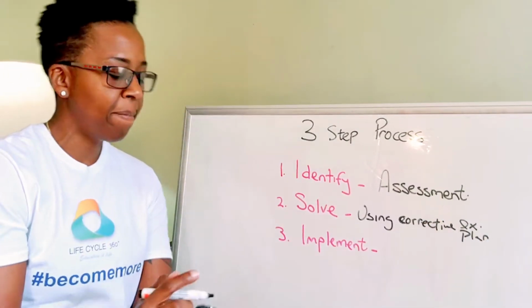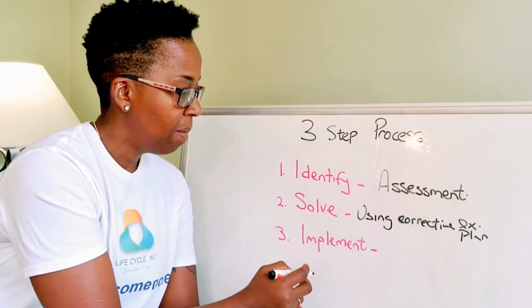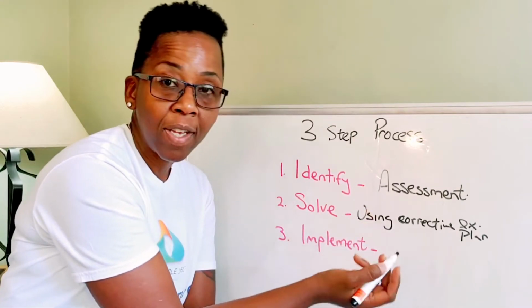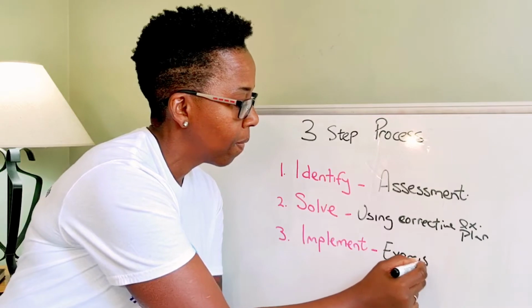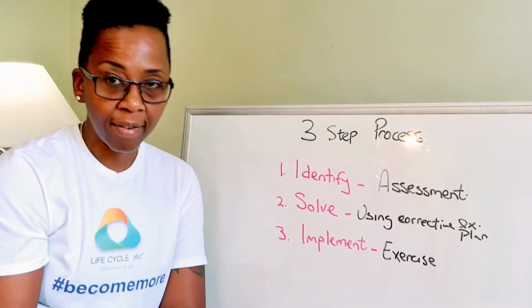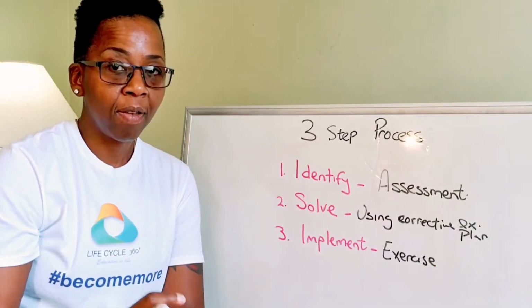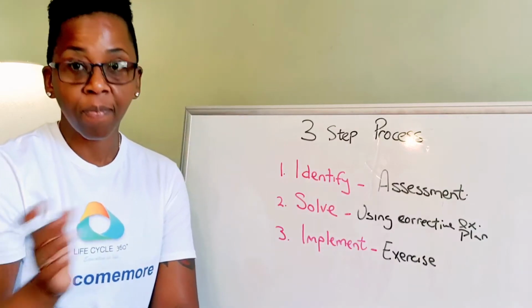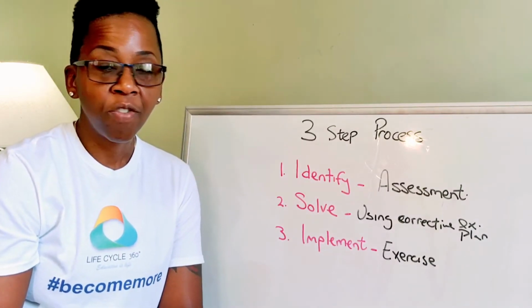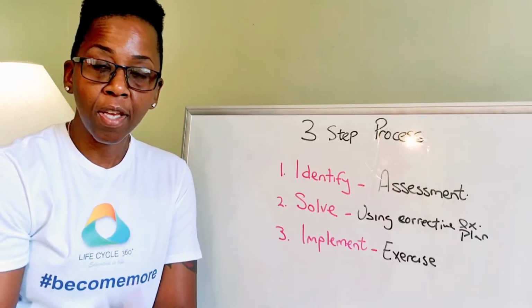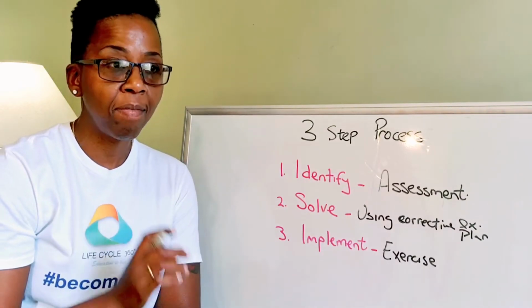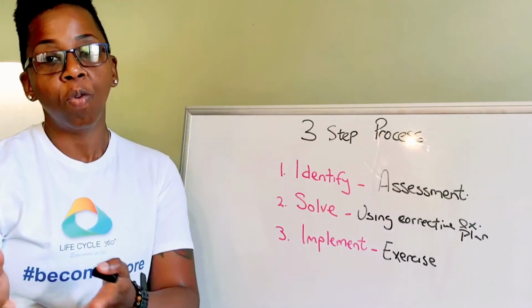And we're going to implement that plan, making sure that we have certain exercises with the techniques being implemented with supervision from the CES. So this three-step process is a pretty simple way the corrective exercise can be used to help you with your dysfunctions.